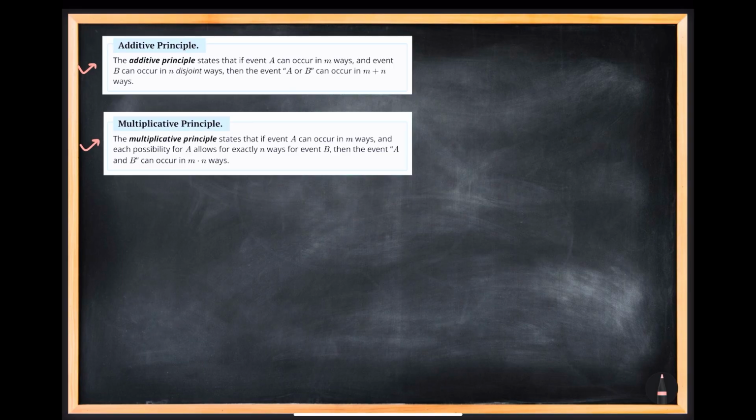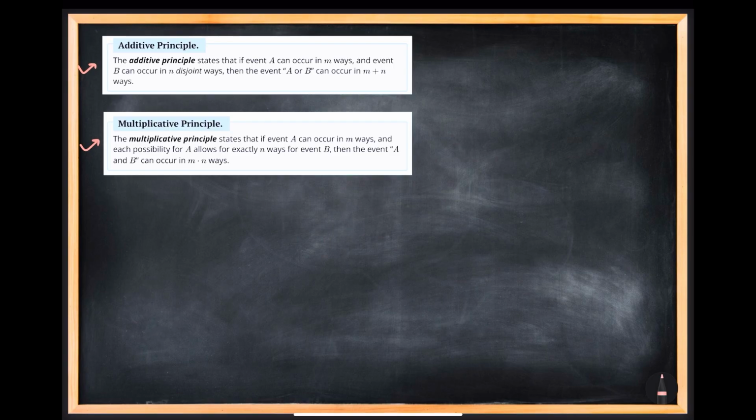The definition of the additive principle is: the additive principle states that if an event A occurs in m ways, and there is another event B which can occur in n different ways, then the event A or B can occur in m plus n ways.